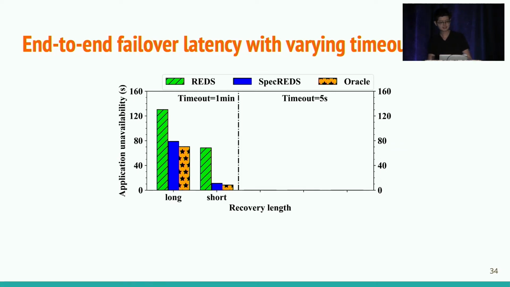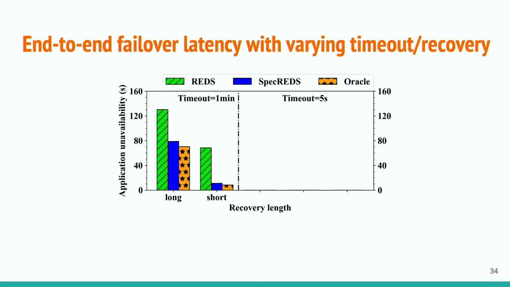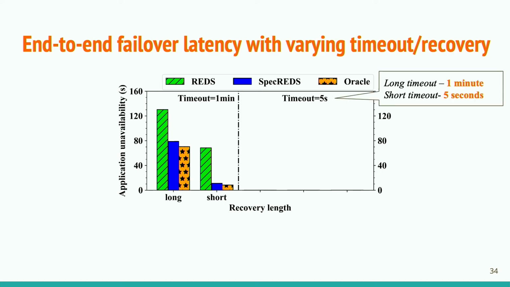And finally, how does the recovery latency translate to end-to-end availability improvement? To show this, we divide the failover scenarios into four broad categories based on the length of timeout and recovery. We pick 1 minute and 5 seconds for long timeout and short timeout respectively.